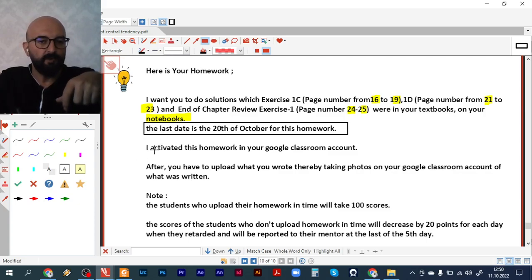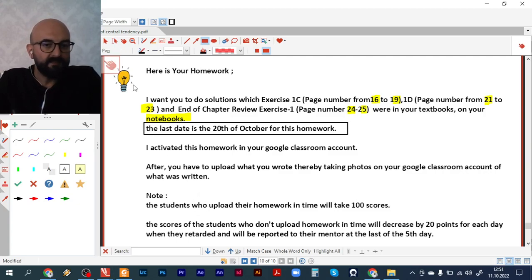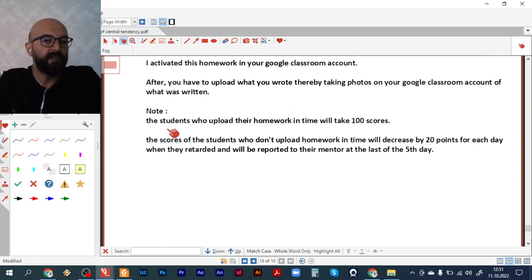And I activated this homework in your Google Classroom, after that you have to upload what you wrote by taking photos on your Google Classroom account of what was written. And don't forget that the students who upload their homework in time will take 100 scores, but the scores of the students who don't upload homework in time will decrease by 20 points for each day.